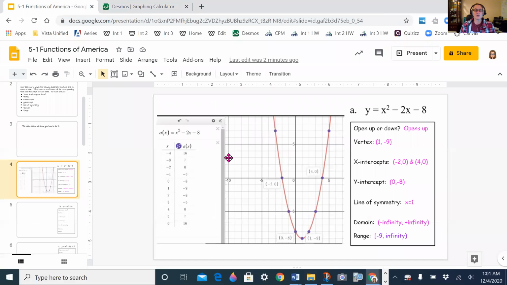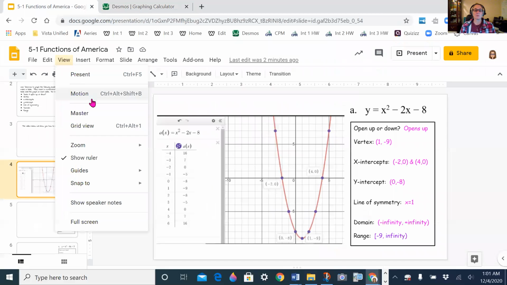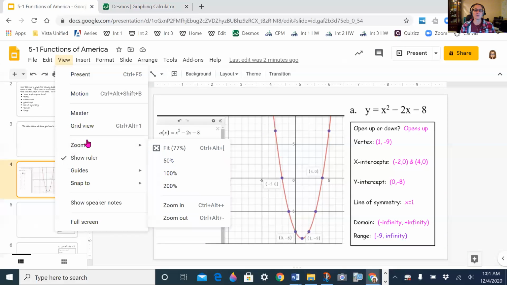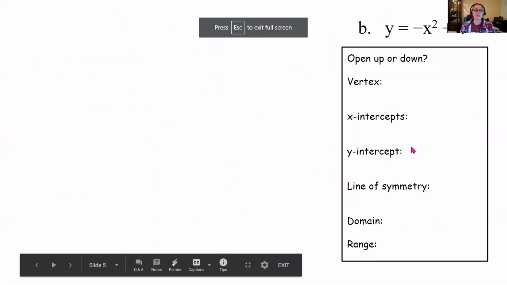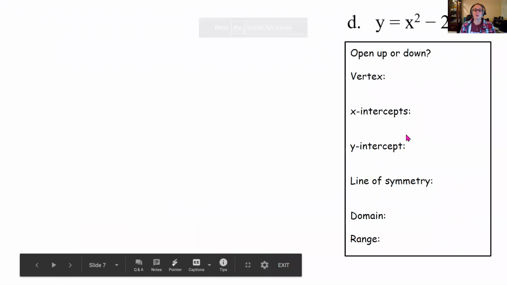Okay, so you are going to be doing this for the rest of these problems. Let me share again, hold on. Okay, so you're going to be putting these in.